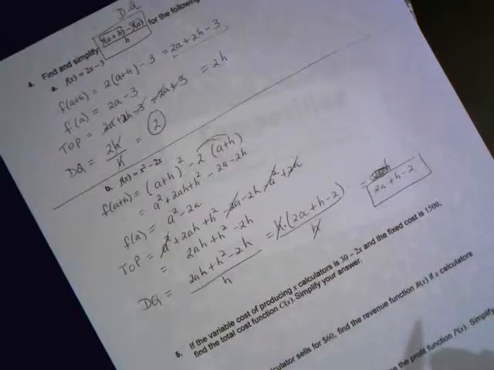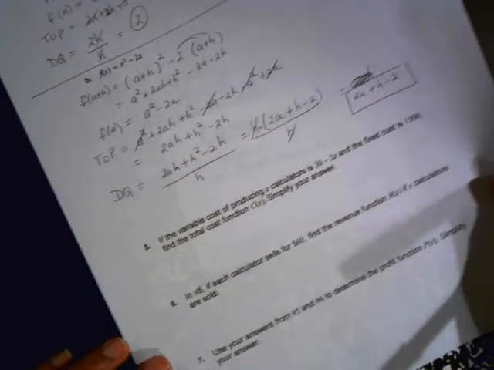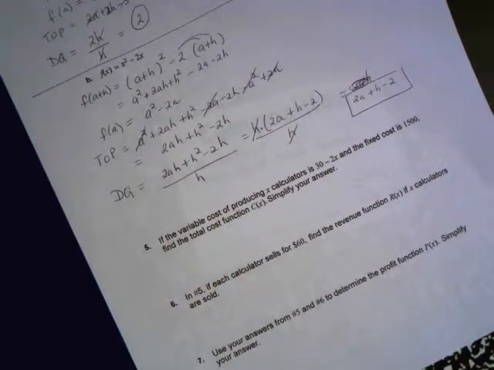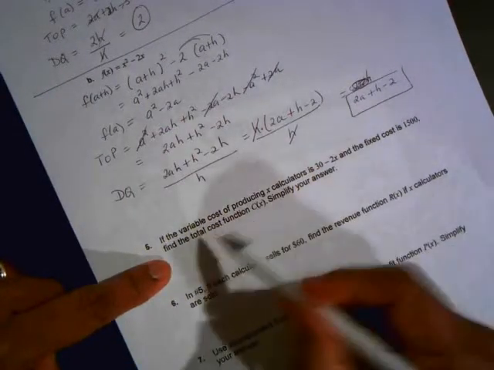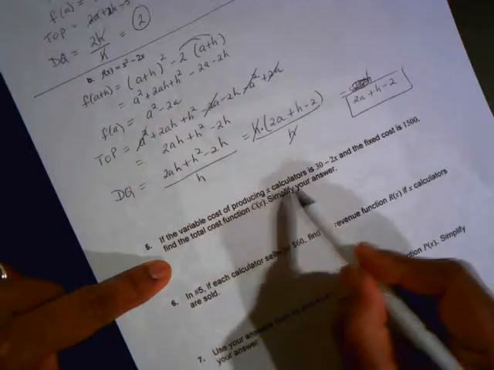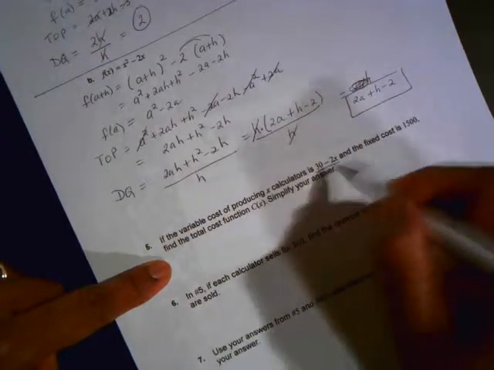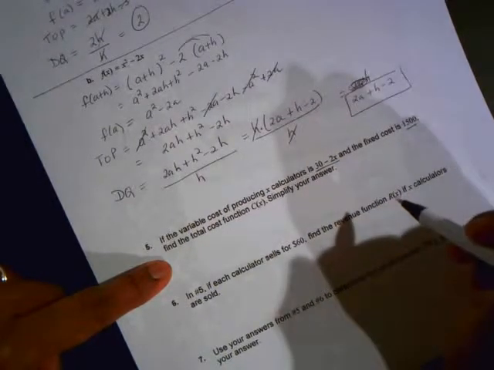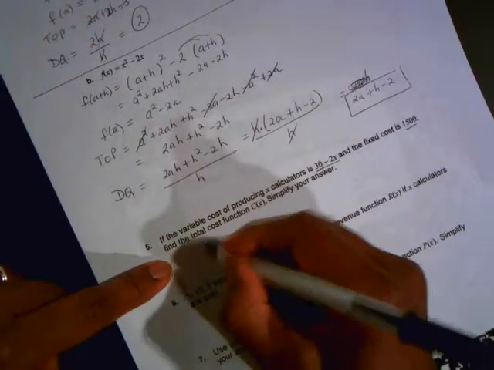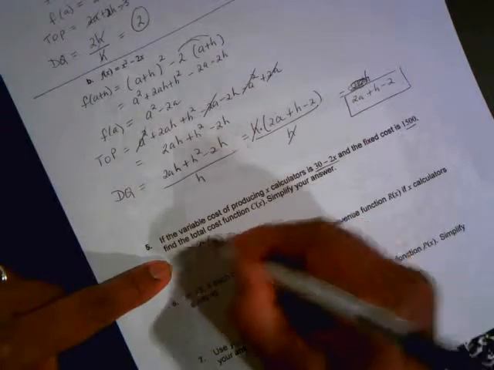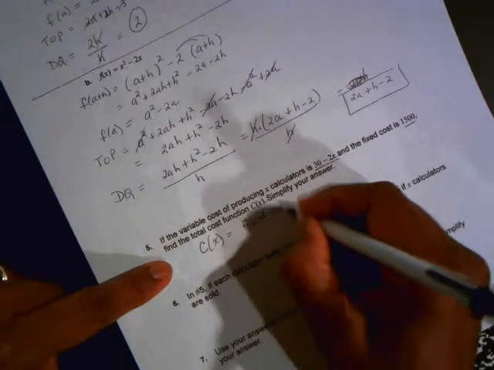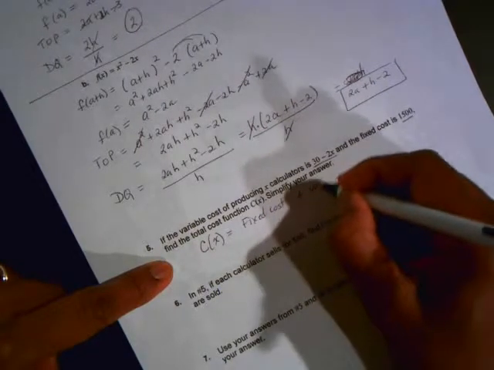Now the last problem is a business application, so hopefully you remember how this works from your economics class. If not, we will work it out. What you have here is a variable cost of producing x calculators, and the fixed cost is given. Find the total cost function C of x. So C of x, total cost, is fixed cost plus variable cost.